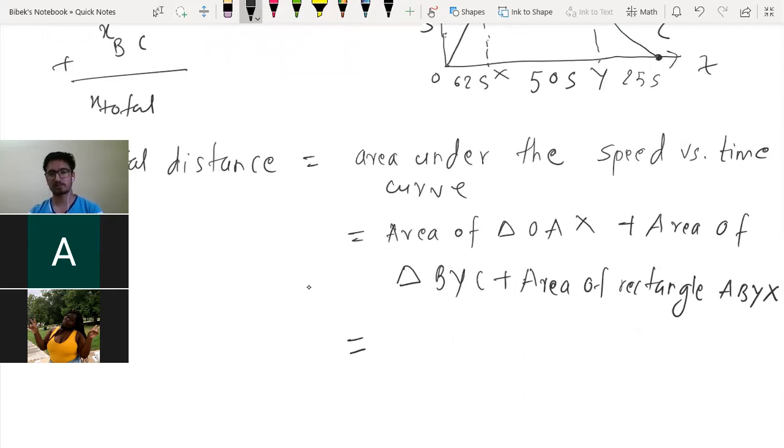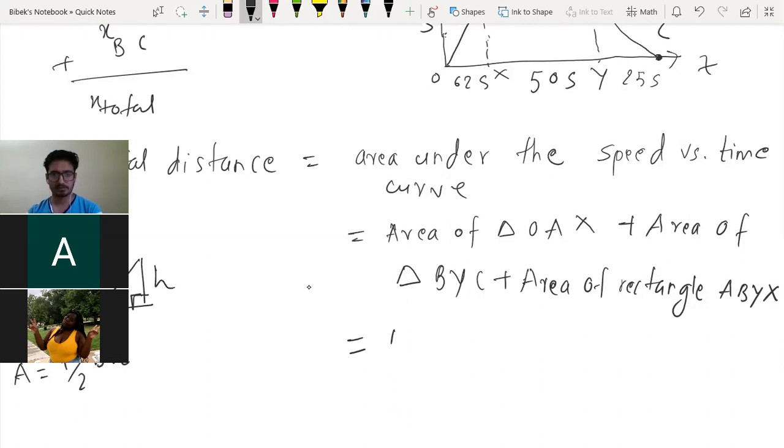So how do you find the area of the triangle? If it's a right triangle like this, and this is the base and this is the height, then you just do half base times height. That will give you the area.